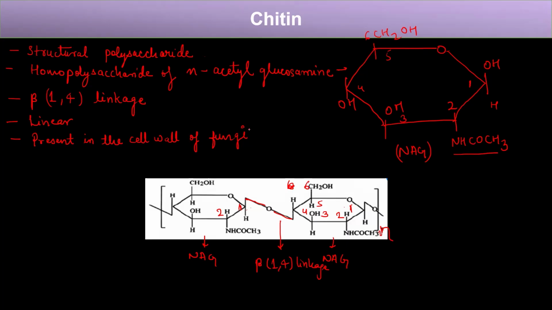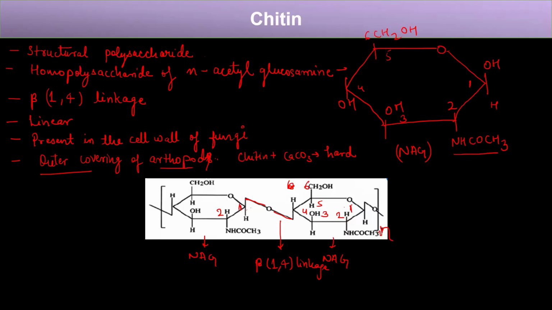Apart from fungi, it is also present in arthropods, in the outer covering of arthropods, which are mostly comprised of insects. In arthropods, chitin plus calcium carbonate makes the outer covering hard. So this is about chitin.